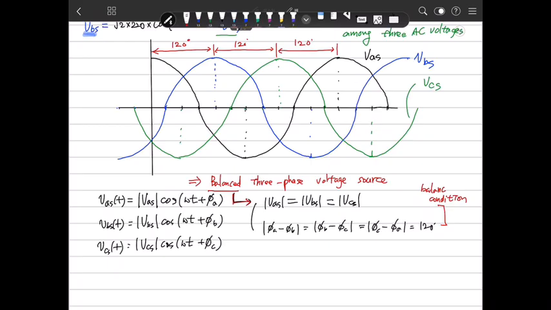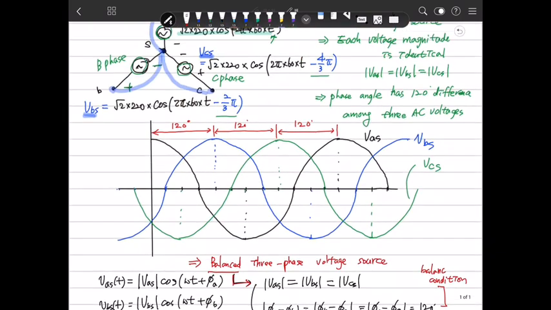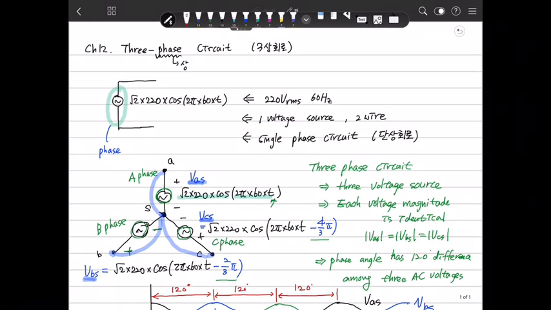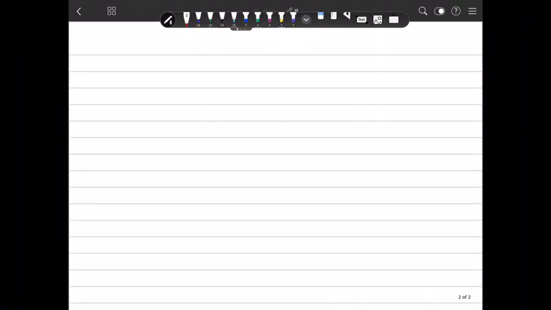So we call this a three-phase circuit. We connected this three-phase source. So I will introduce how to make a three-phase.